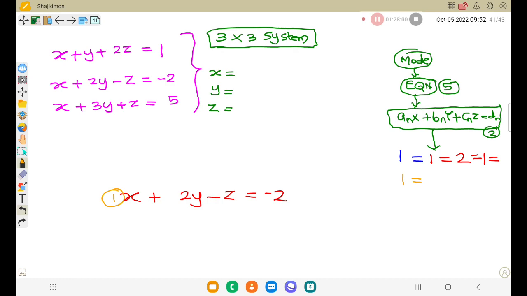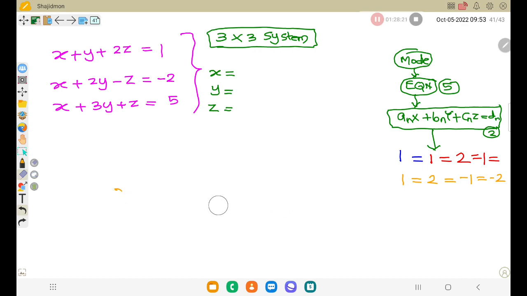Press 1, equal to. After that, the number behind y is 2. Press equal to. After that, the number behind z is -1. Don't forget that minus 1. Press equal to. Right side number -2. Correct? Then again go to the third equation.